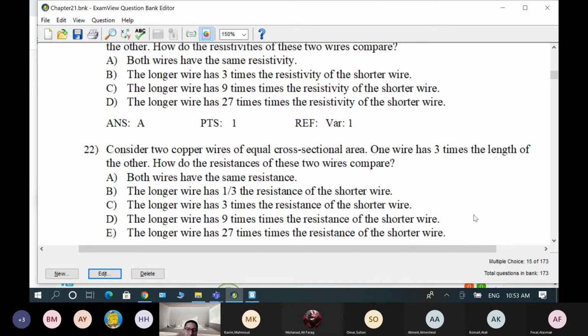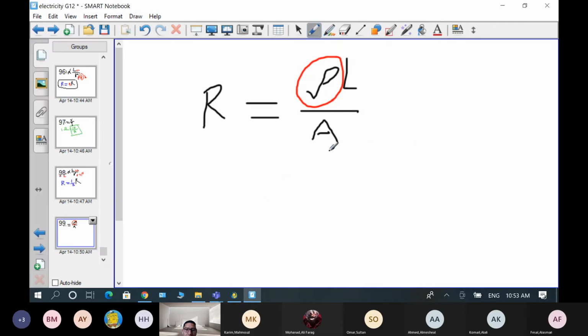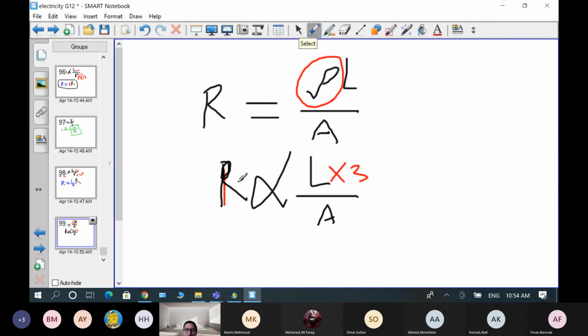We can do the calculation, Ahmed, like this. From here, we said that R is directly proportional to what? Length over area. We increase only the length by 3 times. So resistance will also increase by what?